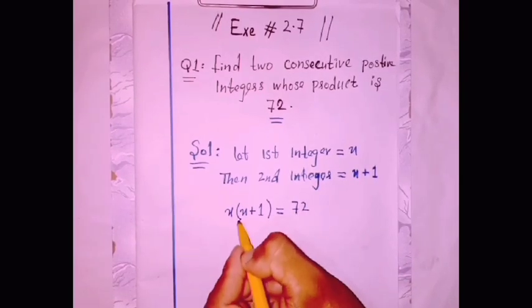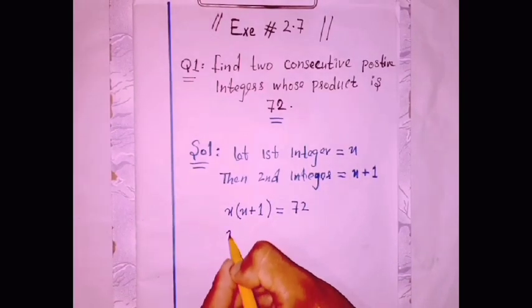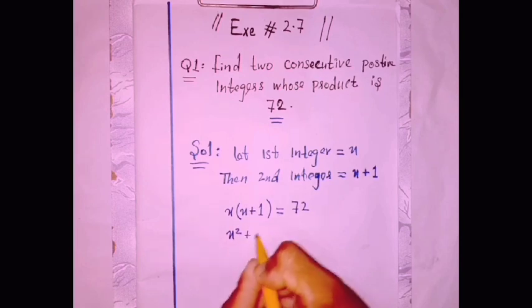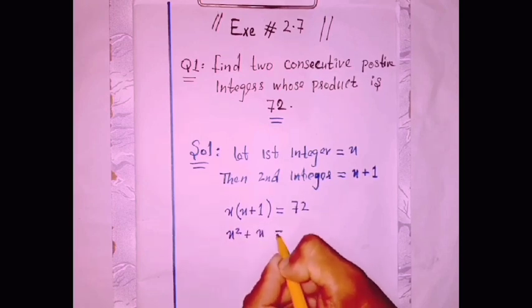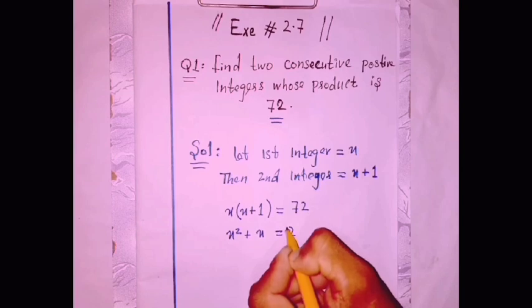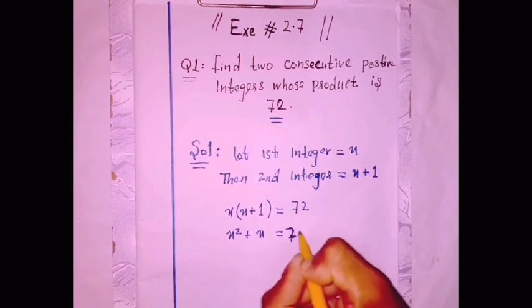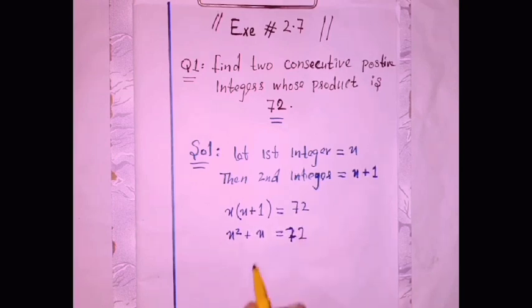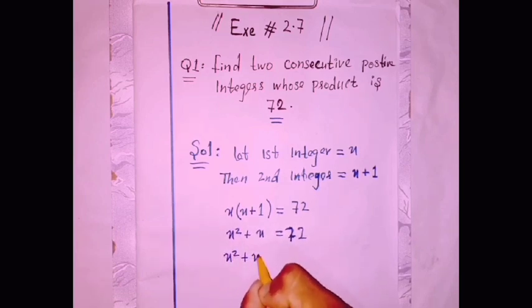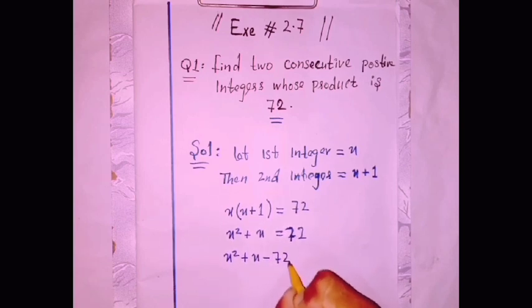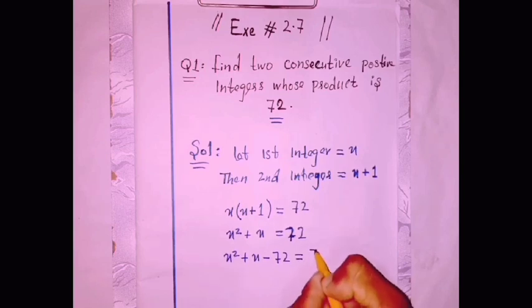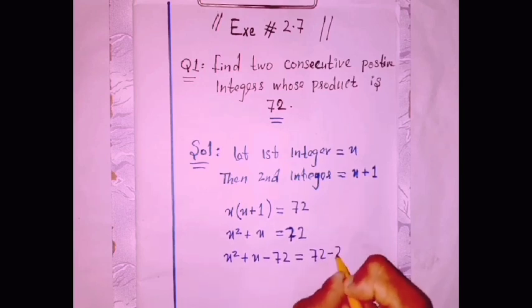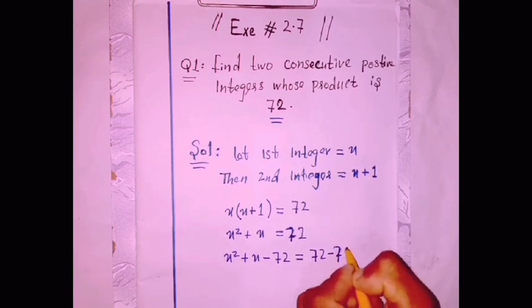Now if we multiply x with x plus 1, we get x square plus x is equal to 72. Now if we subtract 72 from both sides, we get x square plus x minus 72 is equal to 72 minus 72.